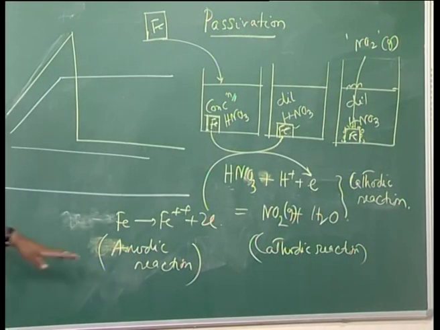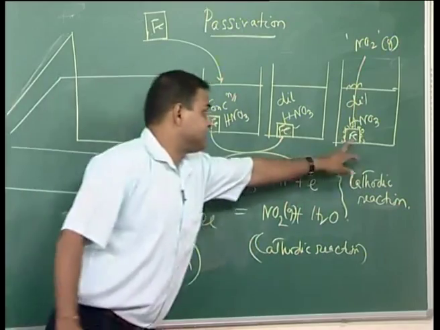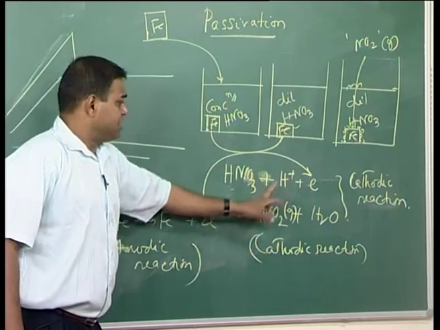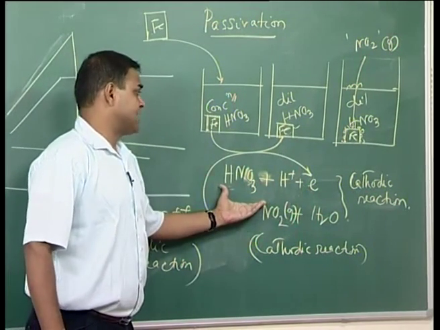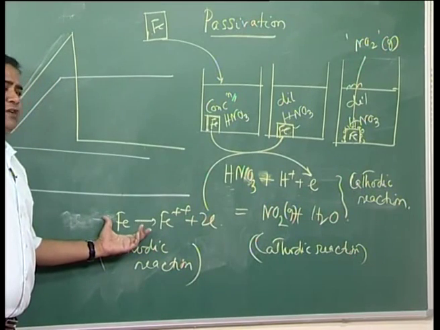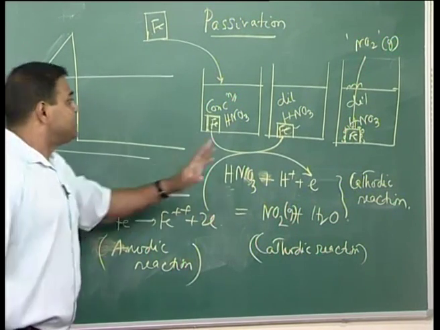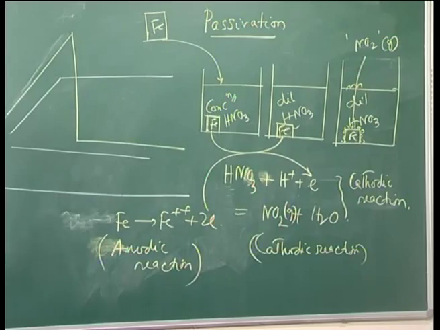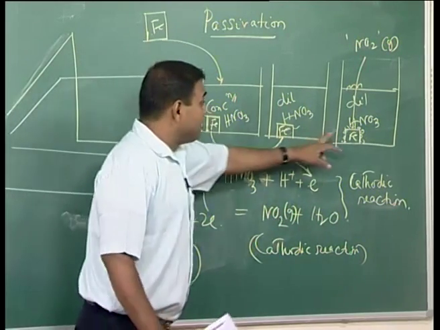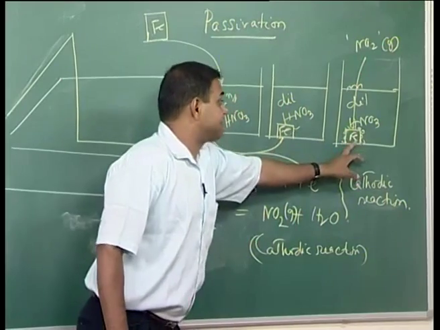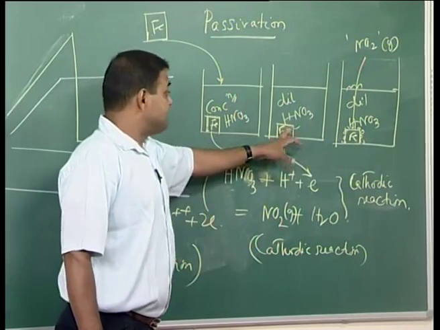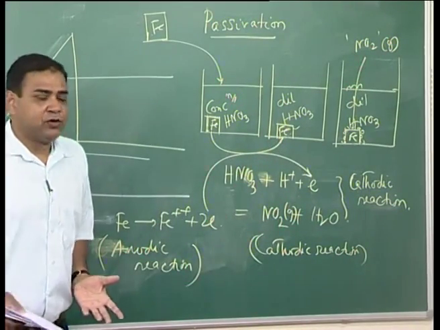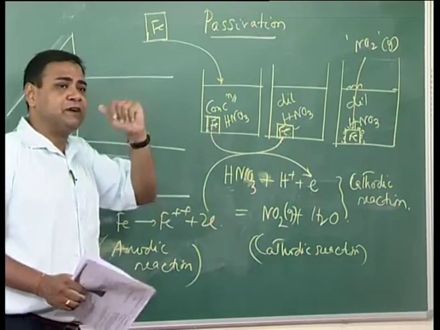Now we see that if NO2 gas is coming up, this cathodic reaction is happening, and in order to supply the electrons needed for it, I need to have iron dissolution, which is nothing but corrosion. So actually here corrosion is taking place, and that is happening because of scratching, because the only difference between this and this is that here we have a scratch, here we do not. If we do not have a scratch, we do not have any bubbling, so there is no reaction. But here initially we saw a little bit of bubble formation.